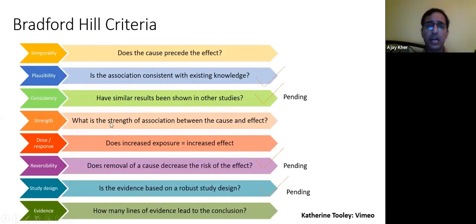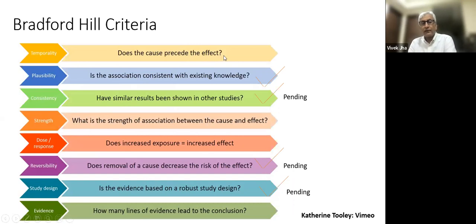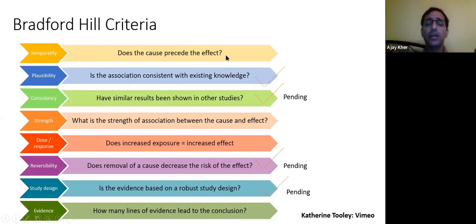So again, does the cause precede the effect? There is some evidence for it based on the presence with the disease and absence when the disease is in remission, but they don't have serial bloods where the antibody was absent before the disease developed, then present at the time of disease, and then disappears.